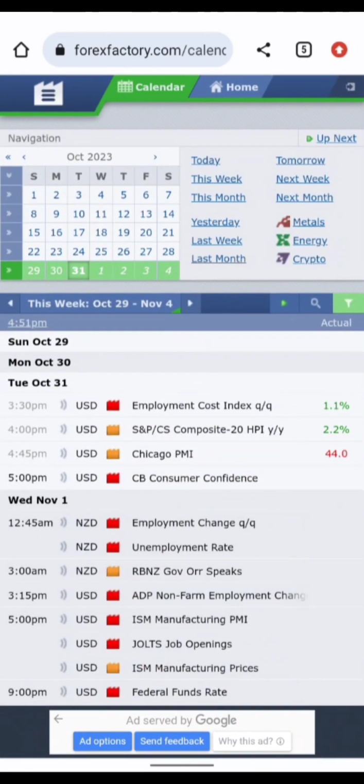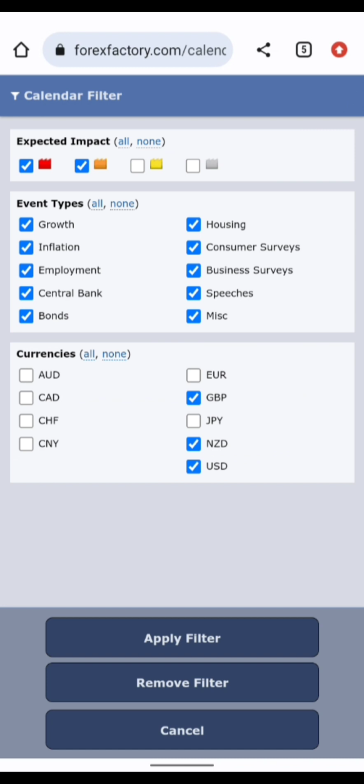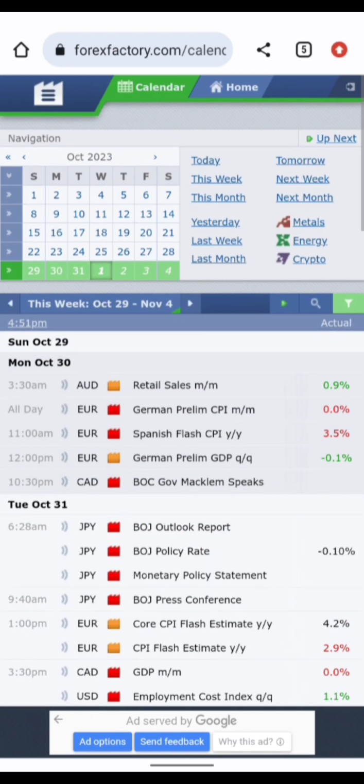To customize, you come and click here. You customize the pairs you want to watch: Aussie, Canada, CHF, Euro, Japanese yen. Then you apply the filter, so impact is high and medium. Here these are the news events.